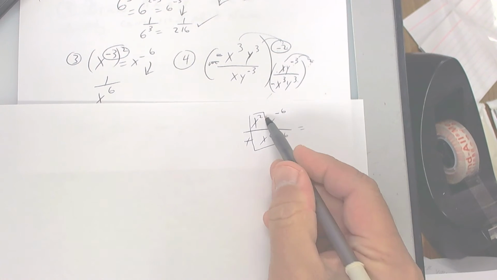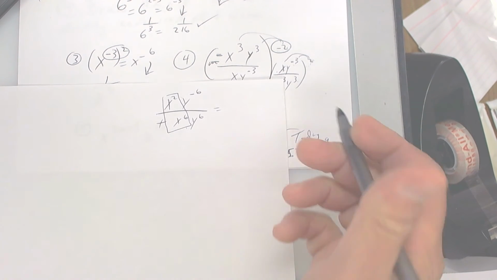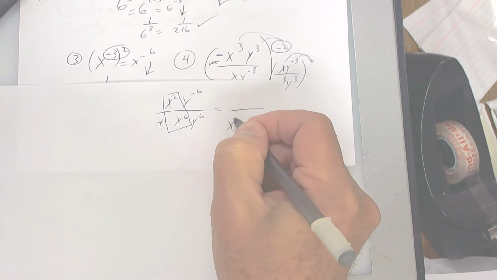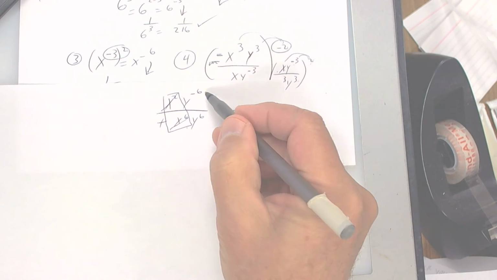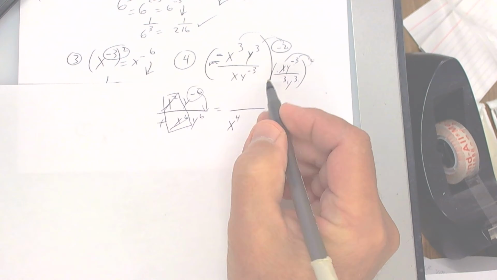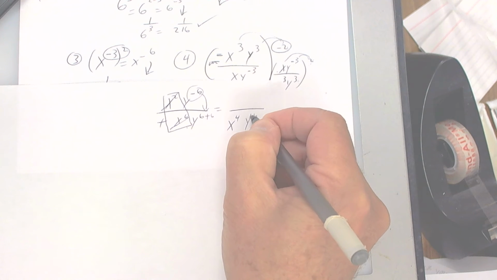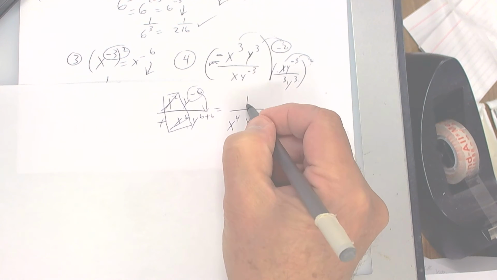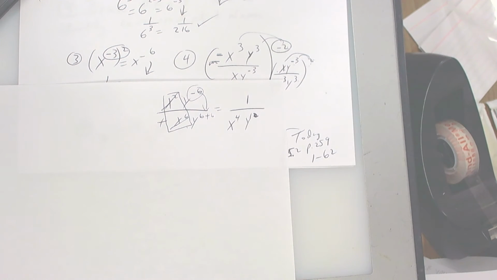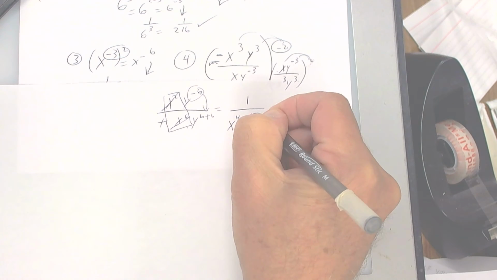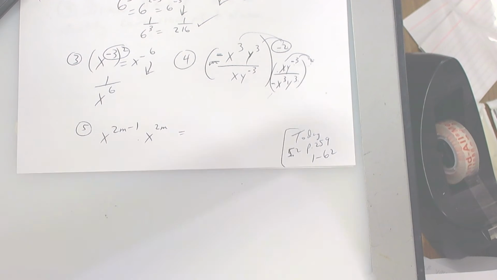I have more x's at the bottom. So I'm going to end up with x to the 4th down here. And then I'm going to move this y down here, but it becomes a plus 6. So that becomes y to the positive 12 rather. And then everything's gone at the top, and that's my answer. Now I know that seems kind of weird, and maybe this is going to be a little bit of a challenge, but that's how you do it.